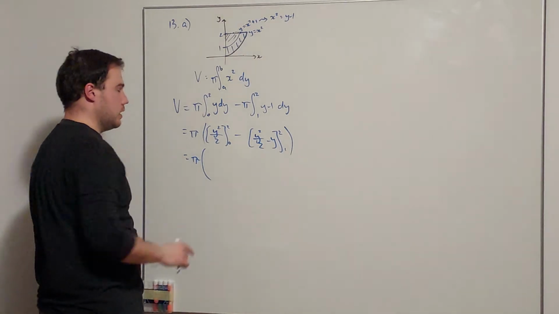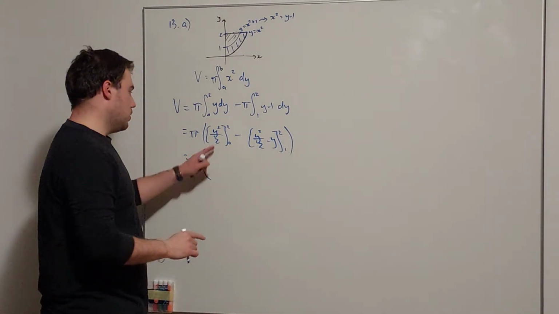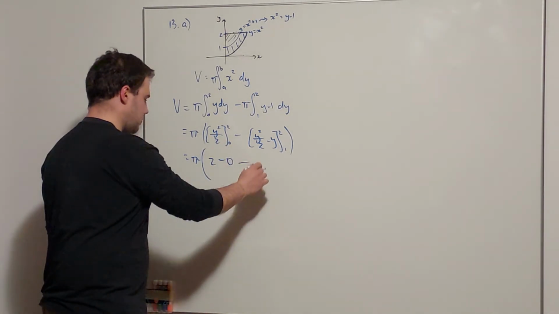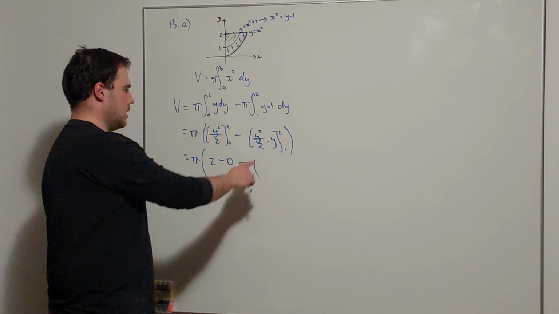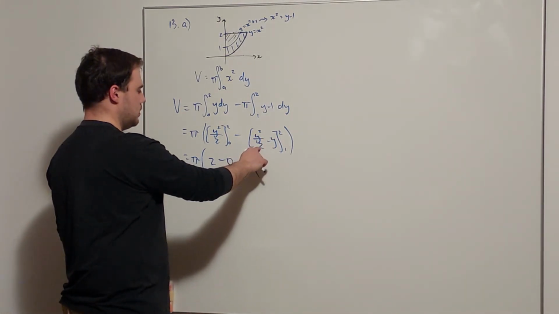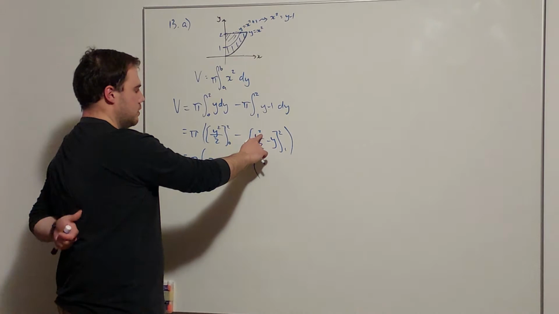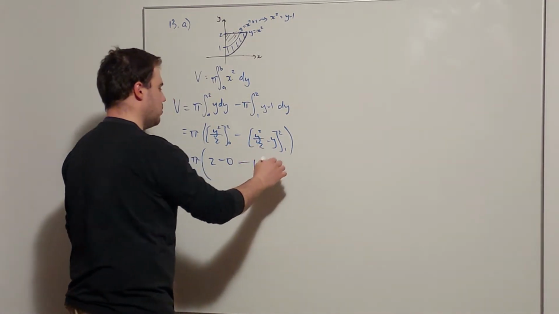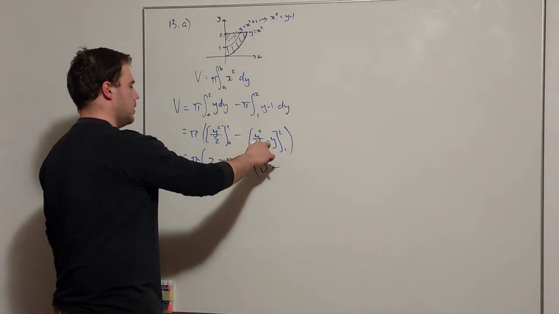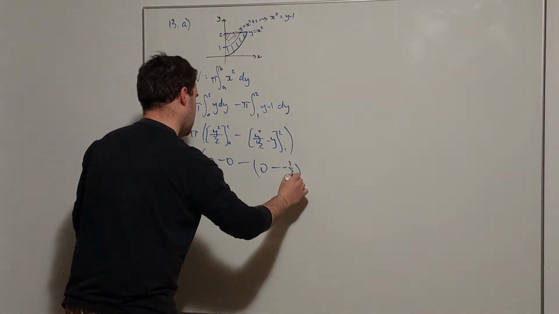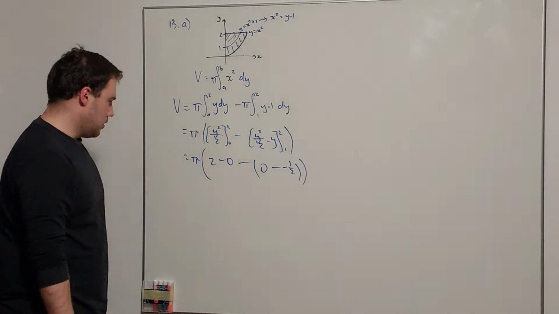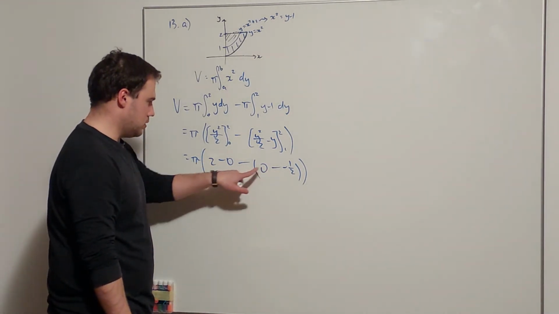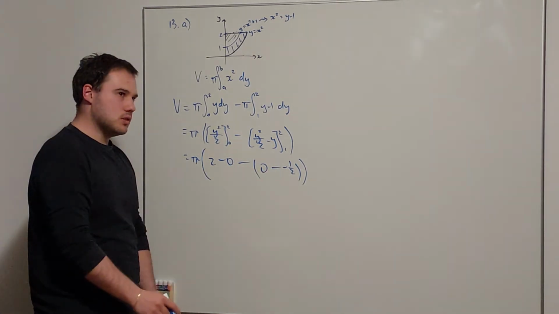That's going to be 2 squared is 4, on 2 is 2, minus putting a 0 in there, minus putting 2 in there: 2 squared is 4, on 2 is 2, minus 2 is 0, minus putting 1 in there: half, minus 1 is negative a half.